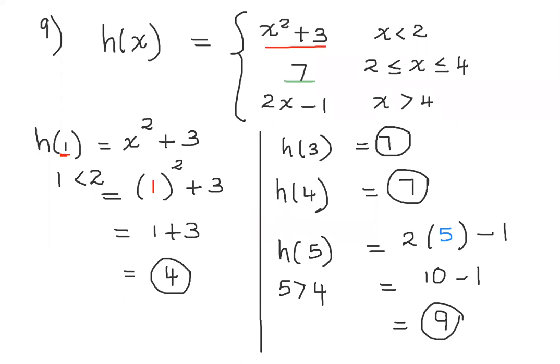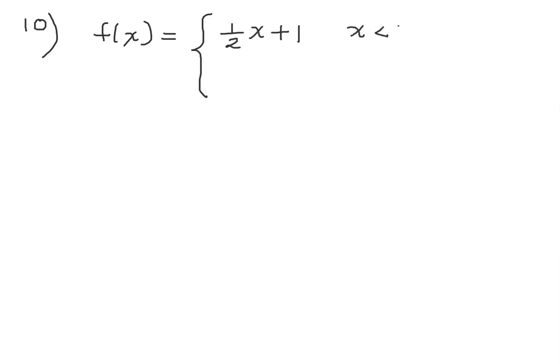So the next problem, number 10, we are going to actually graph the function. So let's learn how to graph this piecewise function. So let's take problem number 10. And for all the x less than 2, and the next condition is for all the x greater than or equal to 2.